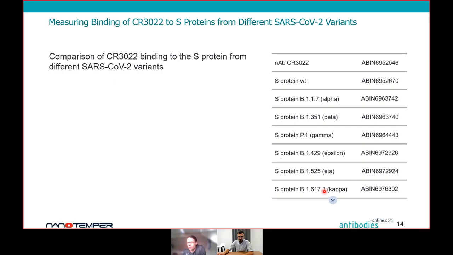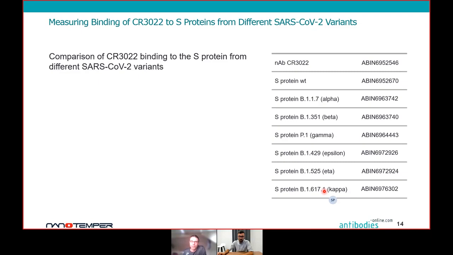We did not test the Delta variant, this already as a disclaimer beforehand, because when these proteins were ordered, there was no agreed upon sequence for the Delta variant available yet. At this point it was just the Indian variant, and this is pretty much what comes down now to the Kappa variant.